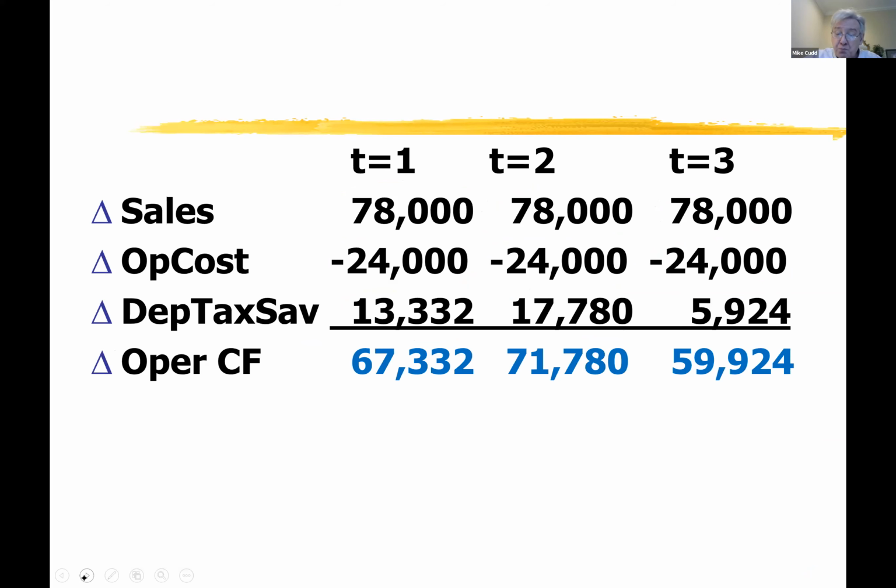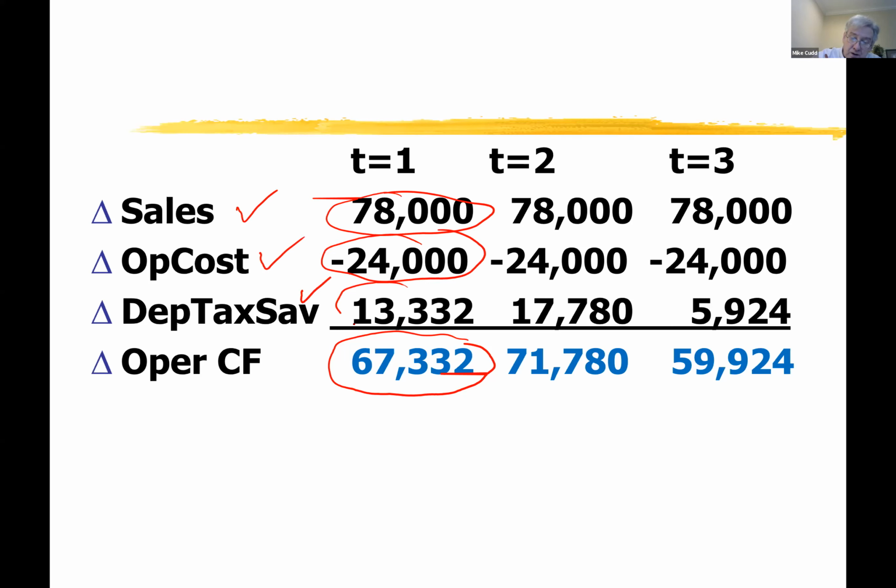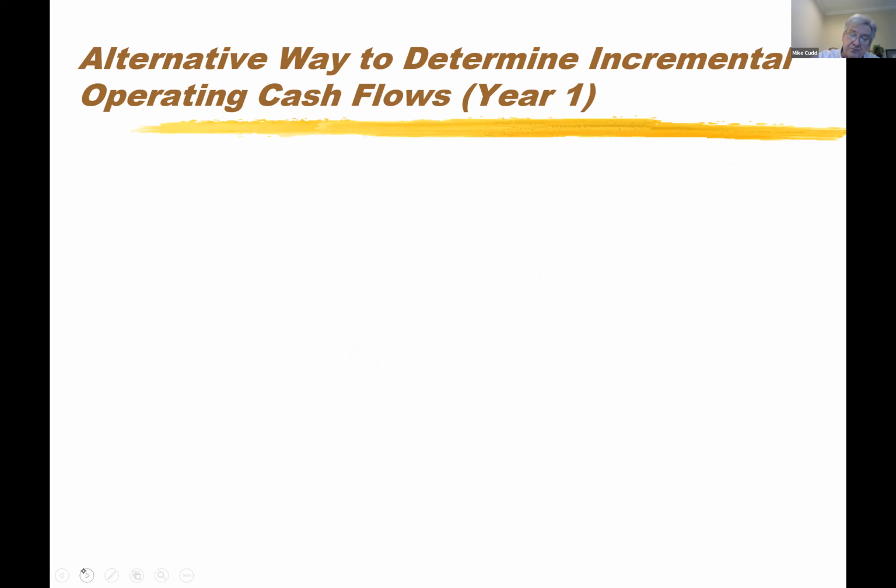But before we move to the terminal cash flow, see this operating cash flow for the first year? Let me show you a different way you can arrive at it. Instead of taking each item separately and expressing them in their after-tax form, what you could do is create an income statement for each year.